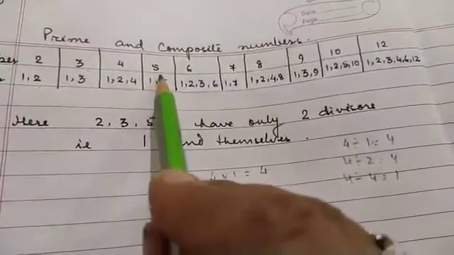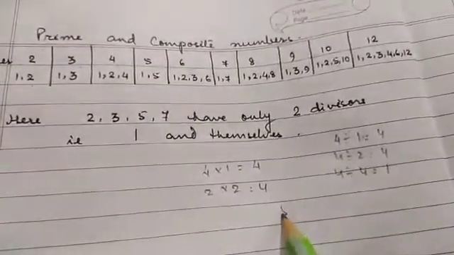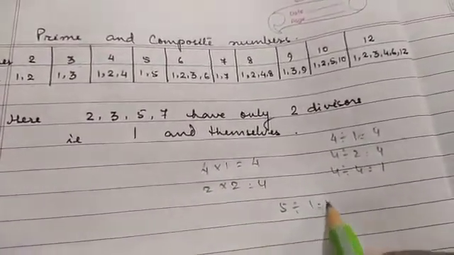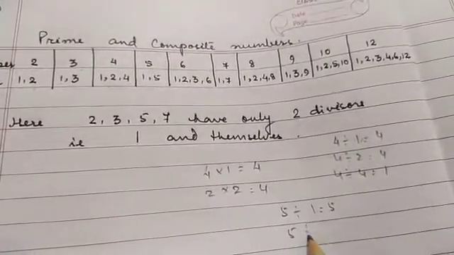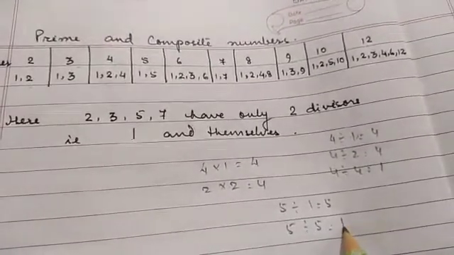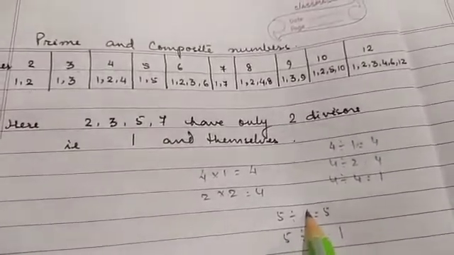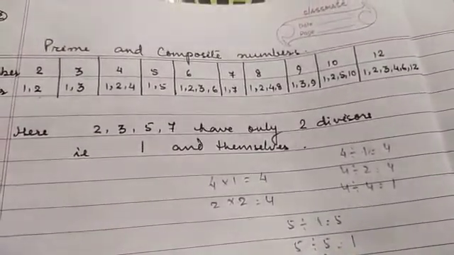Coming to 5, 5 is divisible by 1 and by itself. So 5 has two divisors, 1 and 5.